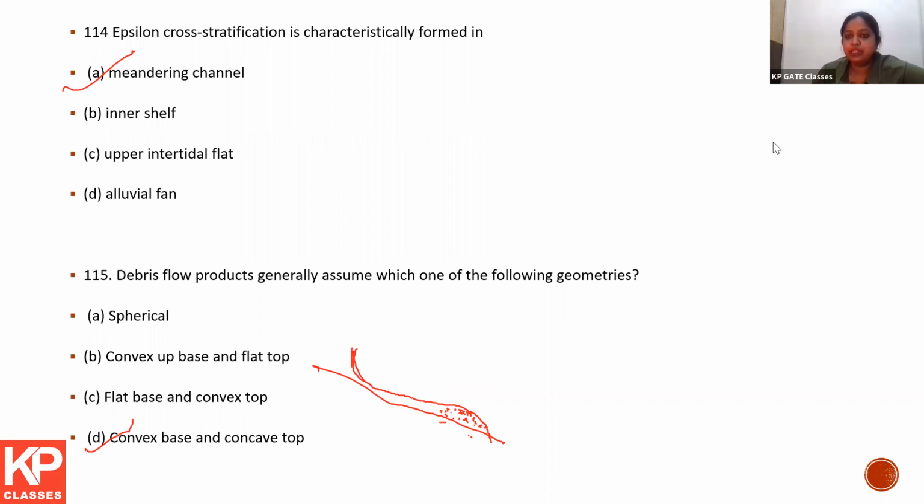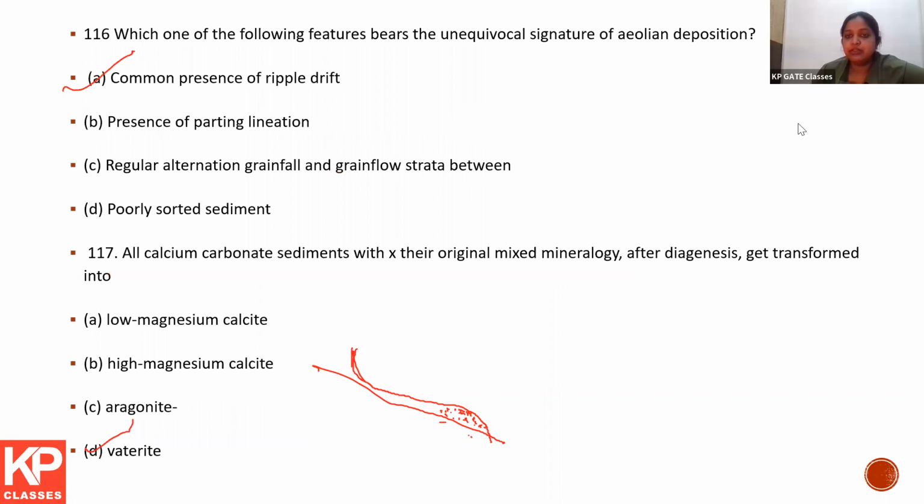Next question is, which one of the following features bears the unequivocal signature of aeolian deposition? Okay, so here the answer: the common presence of ripple drift, the unequivocal signature of aeolian deposition.